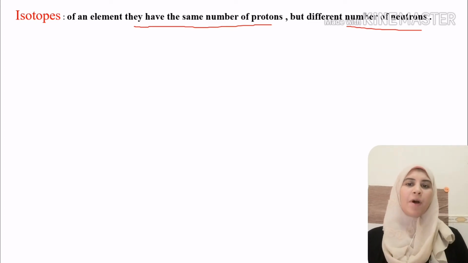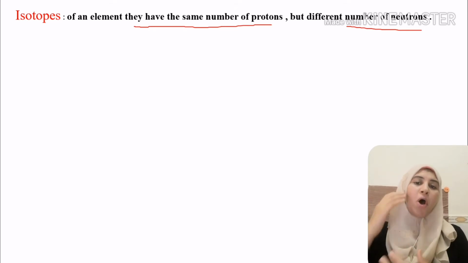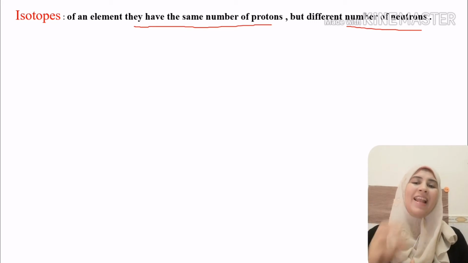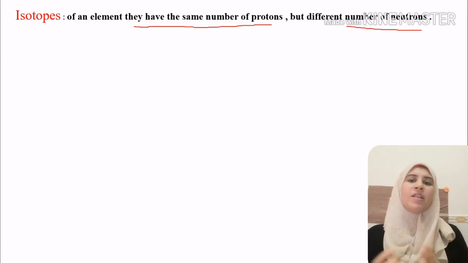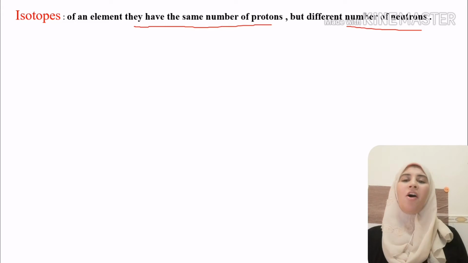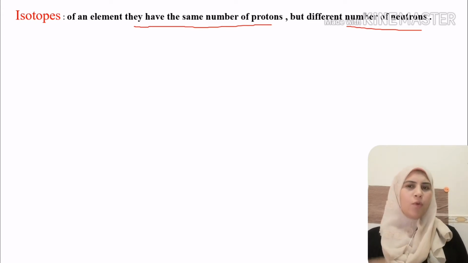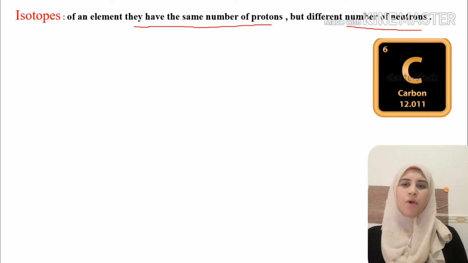So we are talking about 2, 3 or 5 shapes of our element. The shapes of our element have the same number of protons. They are twins, but they are different in the number of neutrons. They are unequal in their atomic mass. We want to understand this meaning more and more.